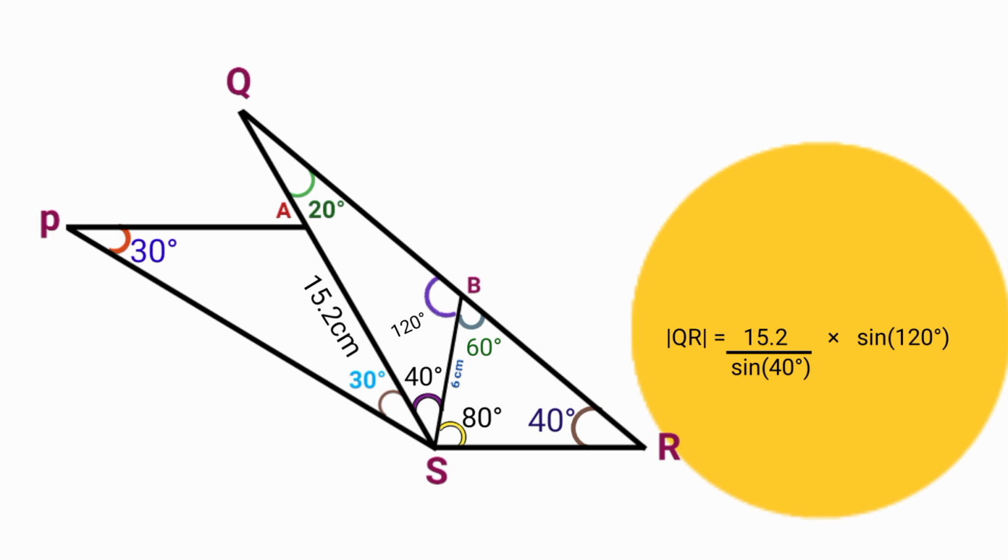So sine 40 degree is 0.6428 and sine 120 degree is 0.866. So now line QR equal to 15.2 over 0.6428 times 0.866. Press your calculator, line QR equal to 20.4779, which is approximately equal to 20.5. So we found the length of line QR to be 20.5 centimeters.